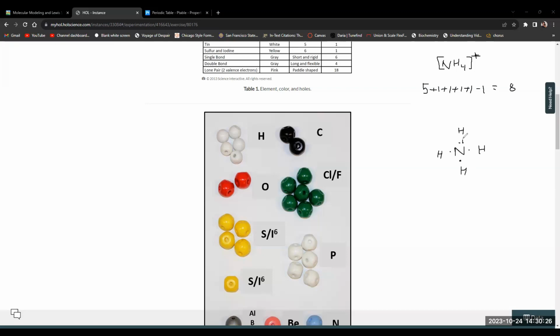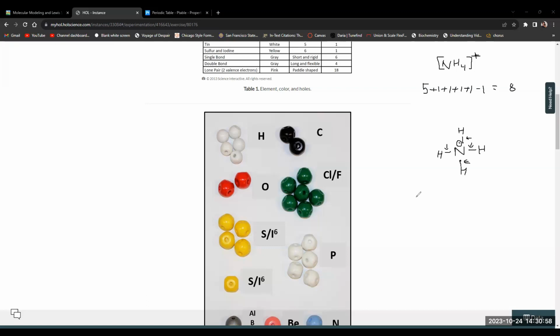And they all like to be connected to a single element. So let's count. 2, 4, 6, 8. And then we have this single electron, making it 9.